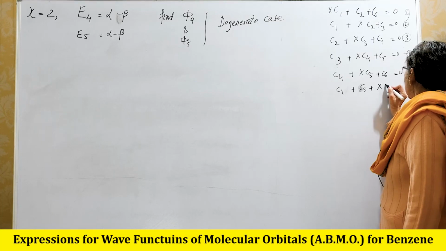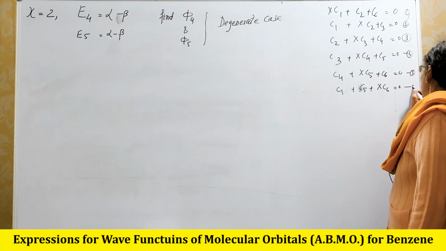plus XC6 is equal to 0, this is equation number 6.